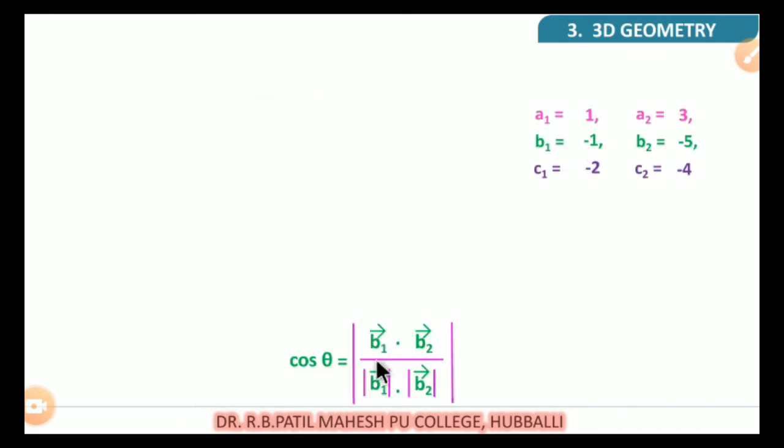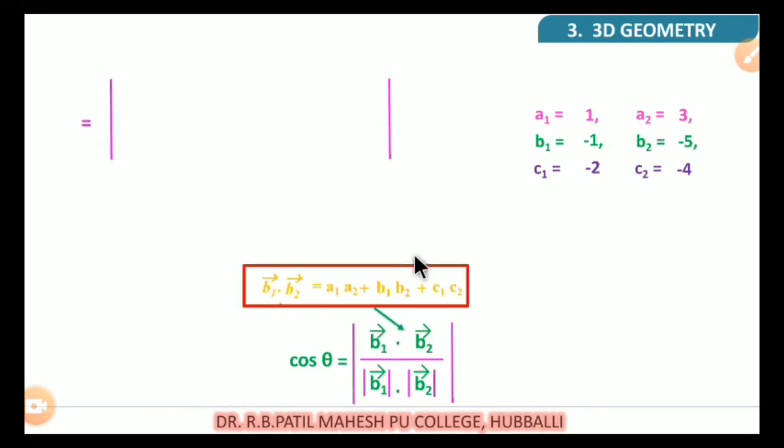Now take down the values in this expression. So it is equal to again whole modulus of b1 dot b2, which means the corresponding elements should be multiplied, and after that we have to add them.